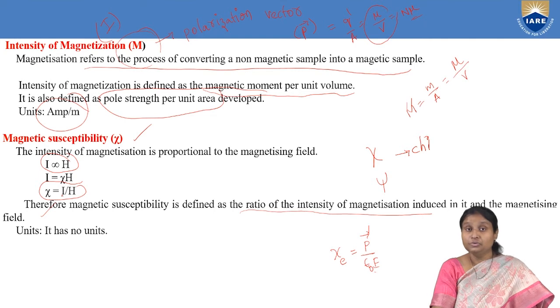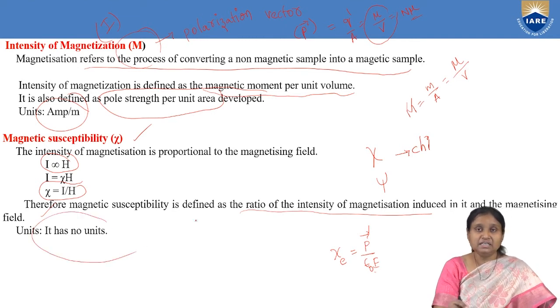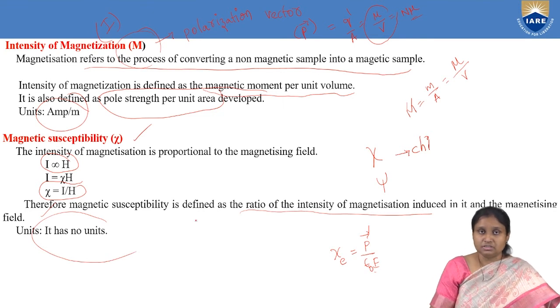As I told you, the units of intensity of magnetization as well as the magnetizing field, or magnetic field intensity, are the same, which is ampere per meter. So that's why magnetic susceptibility will not have any units.